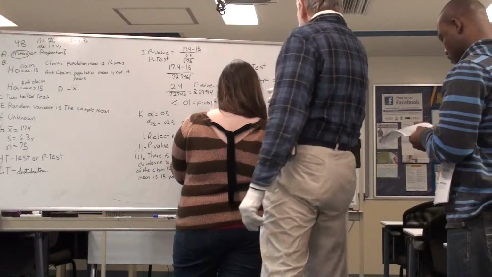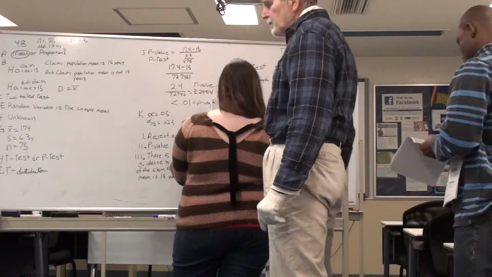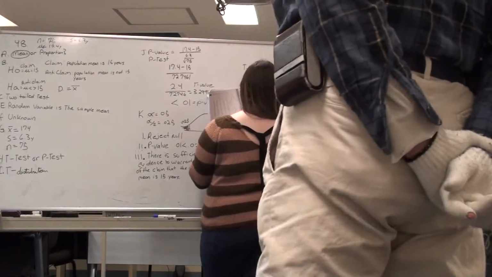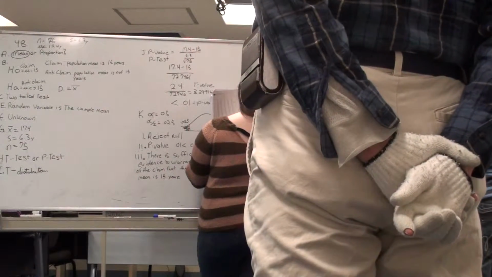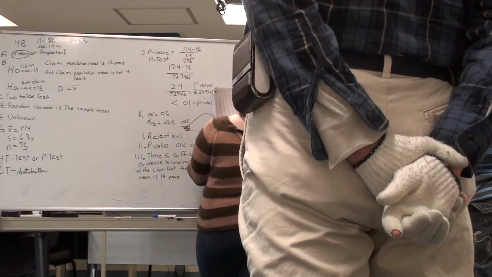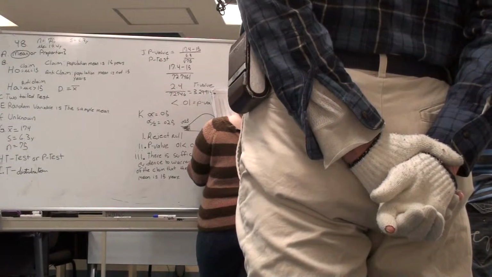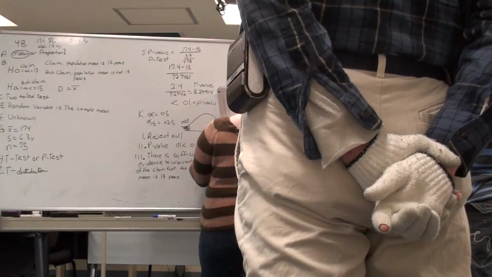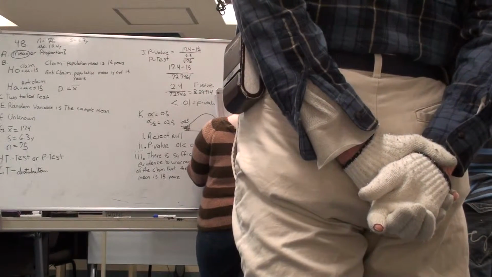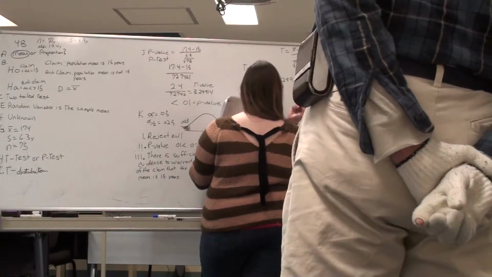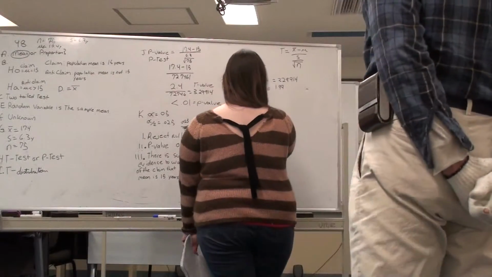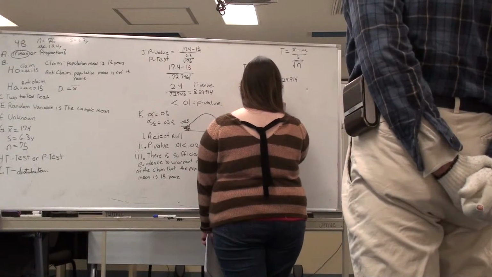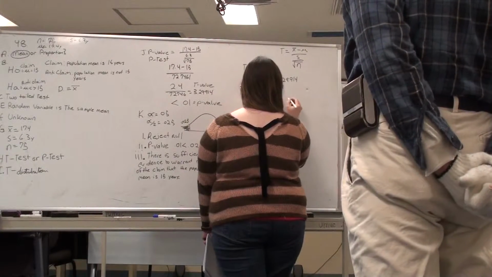Yeah, t of .05 is 1.99. Good. That's enough. Because now, are you in the reject zone? Yes. You're in the reject zone, agreed? So next, do you see why you're in the reject zone?